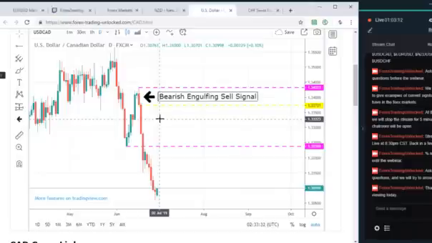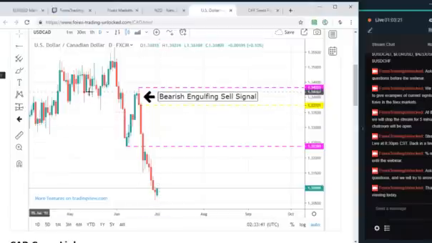You can use whatever your signal system and methodology is, but you can use techniques like this. Let's say, for instance, when this bearish engulfing sell signal happened, you're super bullish in whatever your algo is, and they're saying no matter what, the US Canadian dollar is going higher. This would be a situation where you'd say, okay, we're still going to follow our algo, but maybe we will reduce our downside risk.